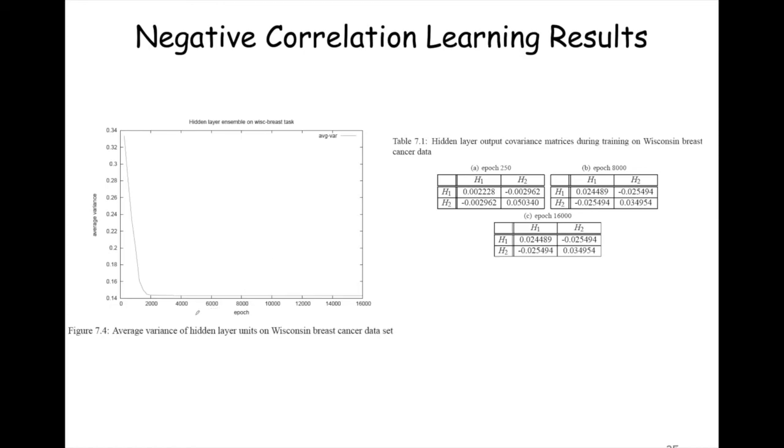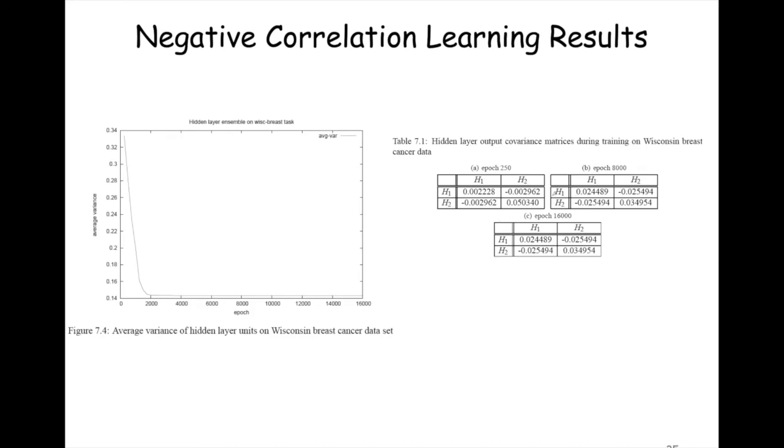I measured the covariance matrices for the outputs. On the horizontal axis, we have the epoch for training, and on the vertical axis, we have the average variance. And what we find is that the average variance drops precipitously as we increase our epoch in time.